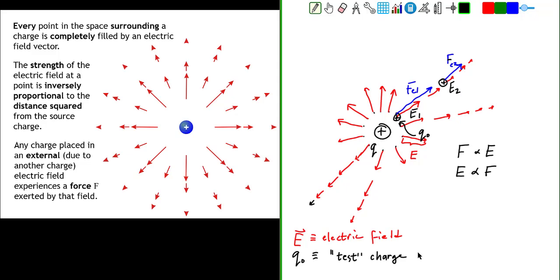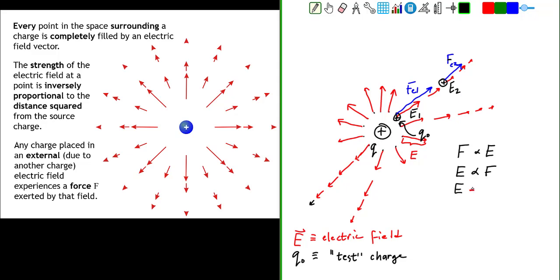The reason why we choose a positive test charge is if we know that our test charge is positive, and if we know it's experiencing a force in a particular direction, we can then determine the magnitude and direction of the electric field at that point. So what is the constant of proportionality between the electric field and the force caused by the electric field?